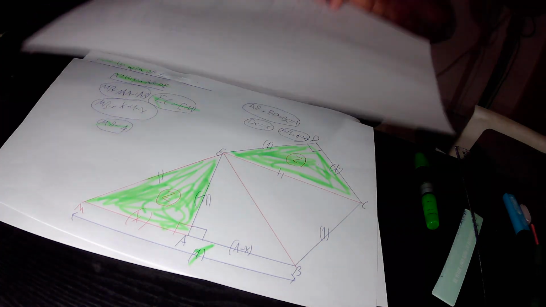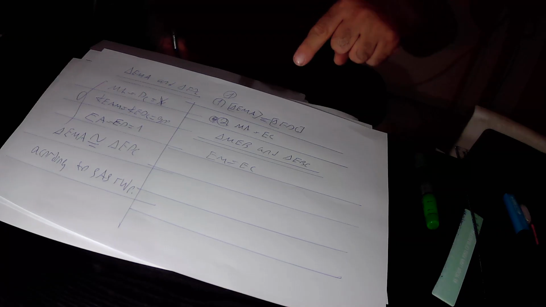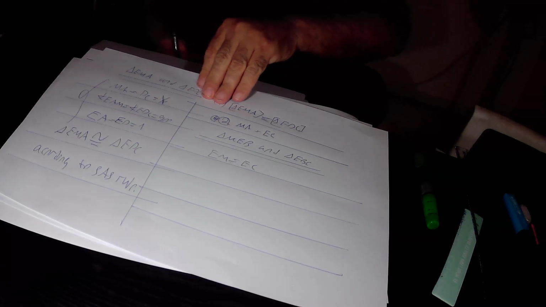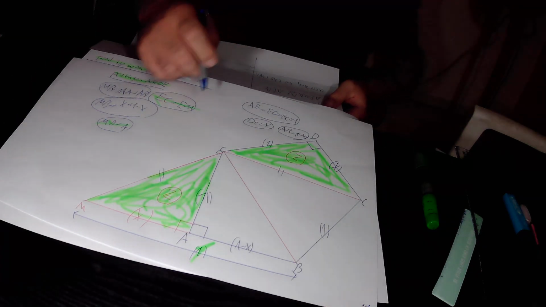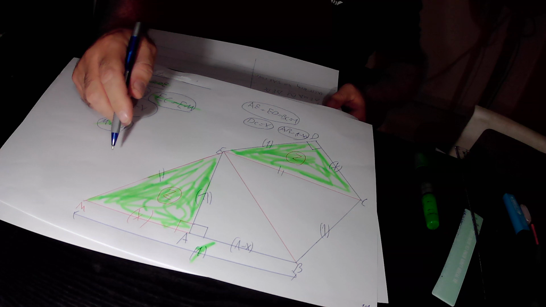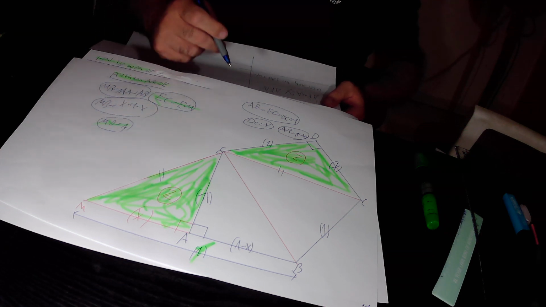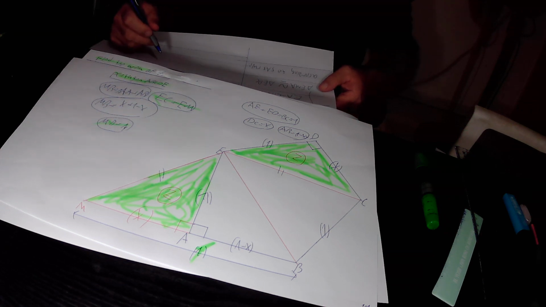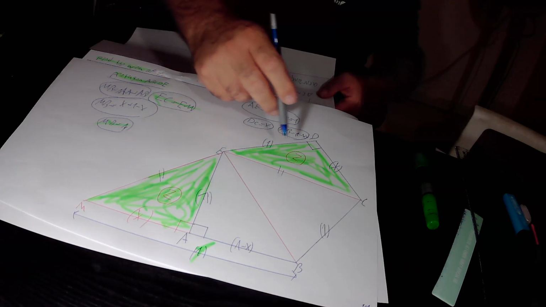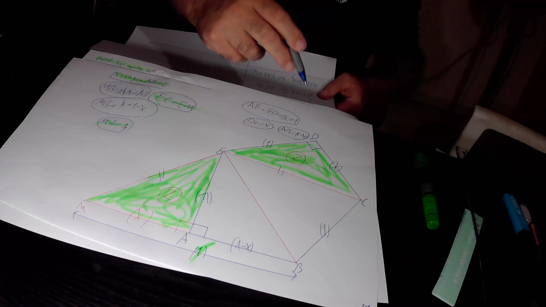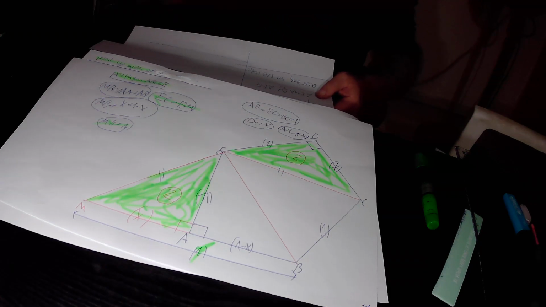Here we already found out that side EM of triangle EMA is equal to side EC of triangle EDC. Here, side EM of triangle MEB is equal to side EC of triangle EBC.